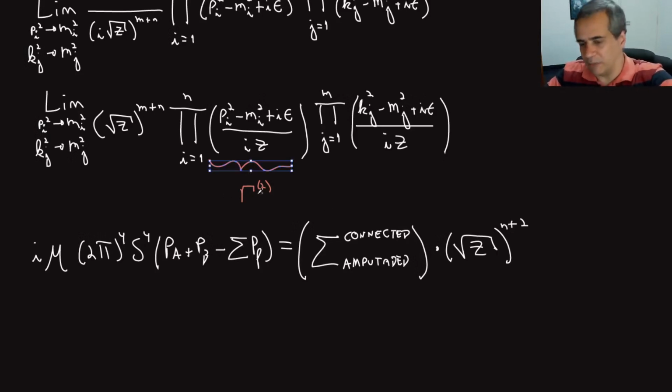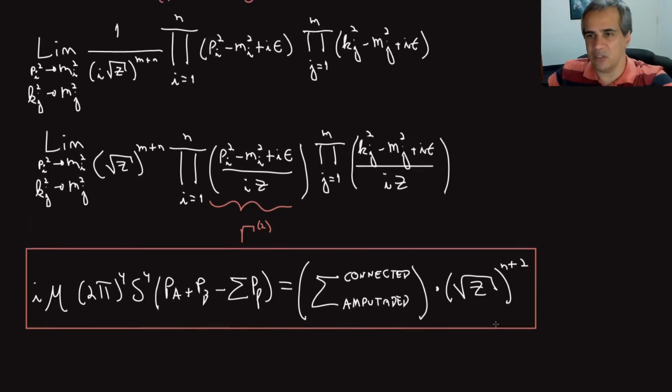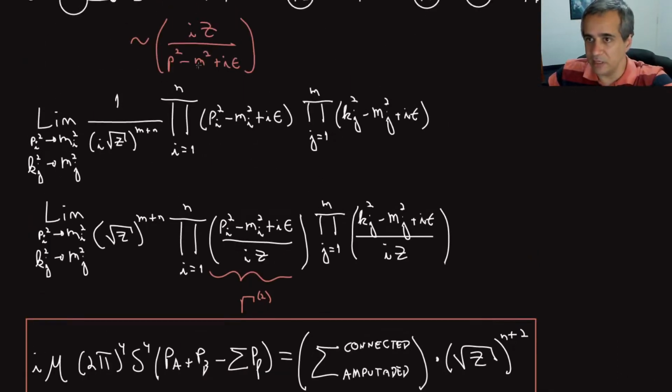And this is important because on one side, it shows us that these full propagators will be amputated, but it also tells us that they will have an effect on the cross-section, right? Because this Z right here is the correction of the residue of the propagators, right?